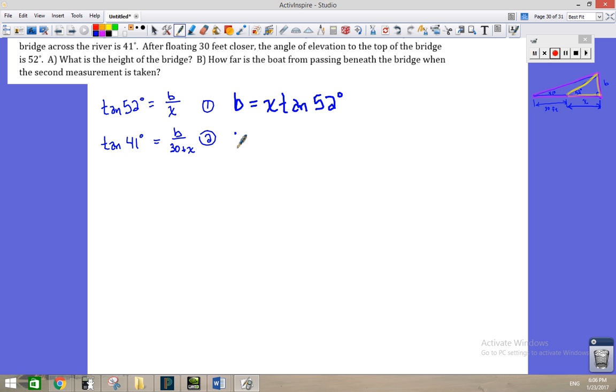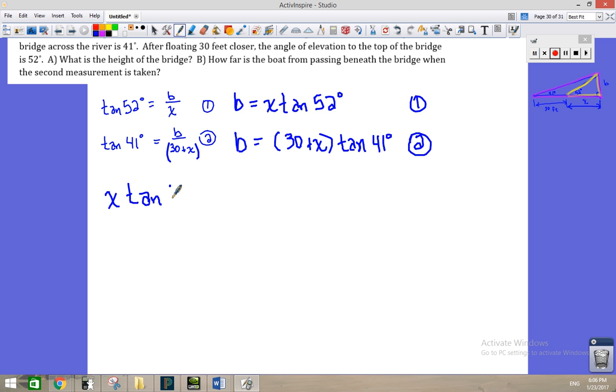And here, multiply both sides by this 30 plus x. So I have 30 plus x times the tangent of 41. That's equation 1, that's equation 2. Well, these are just two different expressions that represent the same number b. So I know that this x times the tangent of 52 degrees represents the same number as this.